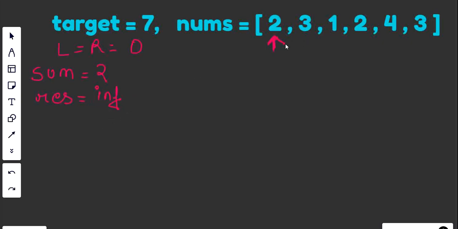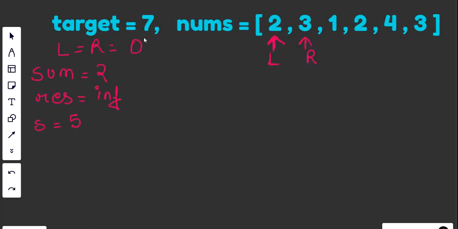So now let's increase our right pointer. Right now our left is at this place, and we are going to increase our right pointer. So what will be the sum? The sum will increase by 3, so the sum will become 5, right? And we can see that 5 is lesser than 7.